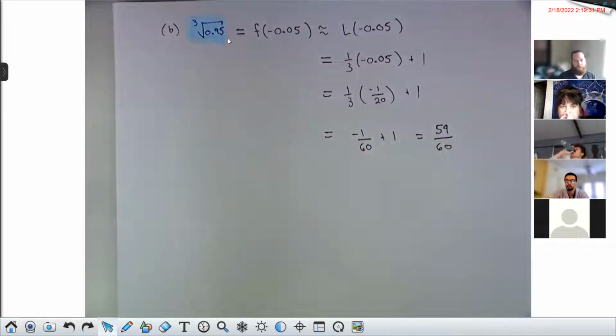If you're asking me to approximate cube roots of numbers, my first thought would probably be to use f of x equals the cube root of x. But if you're told to use a different function, like the cube root of 1 plus x, then at this last step where you go to plug into your linearization, you do need to think for a minute first about what value of x in the original function corresponds to the number you're trying to approximate.